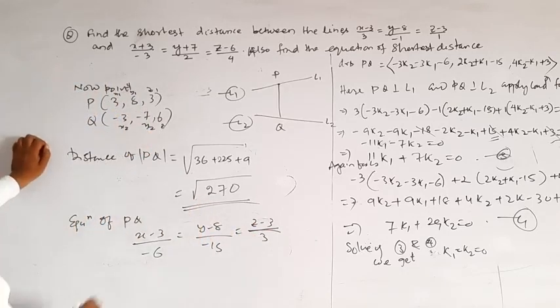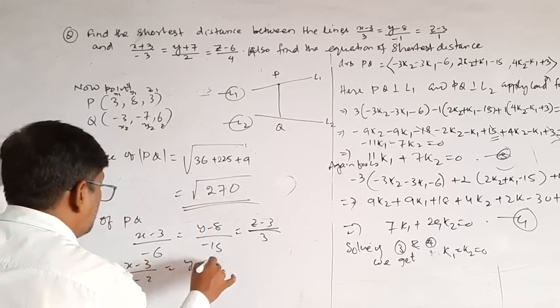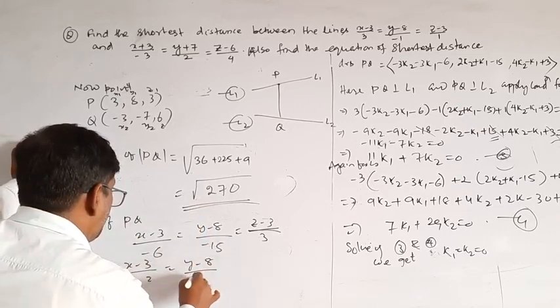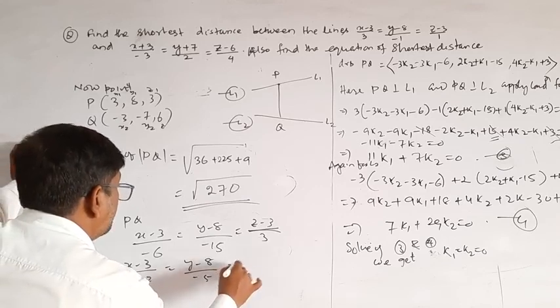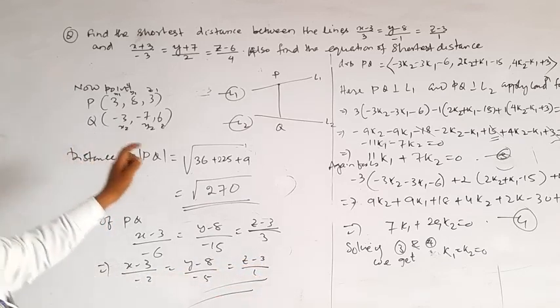So cancel by 3, that implies x minus 3 by minus 2 is equal to y minus 8 by minus 5 is equal to z minus 3 by 1. This is the equation of the shortest distance.